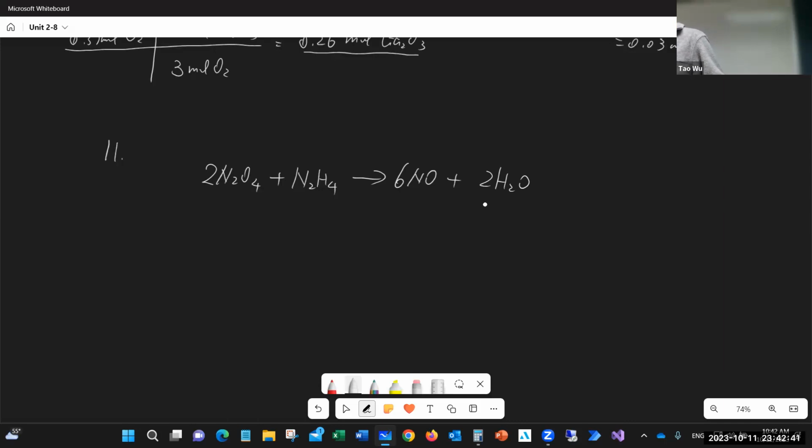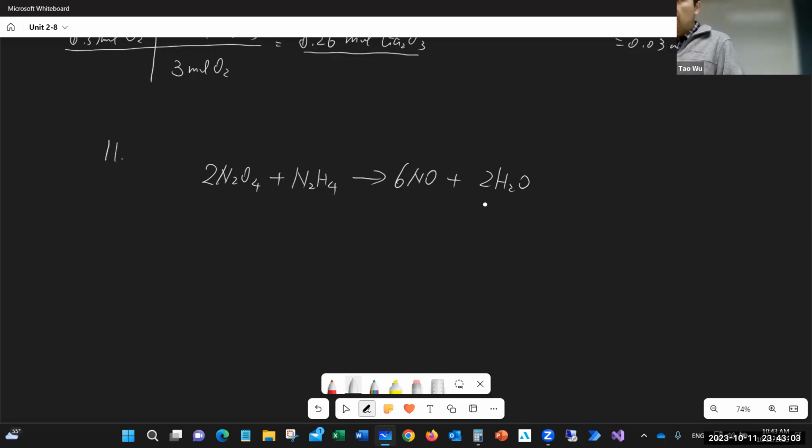What does maximum mass mean here? That means it's just the theoretical yield. So you talk about the theoretical yield for the NO.